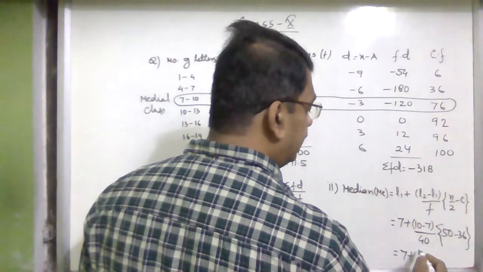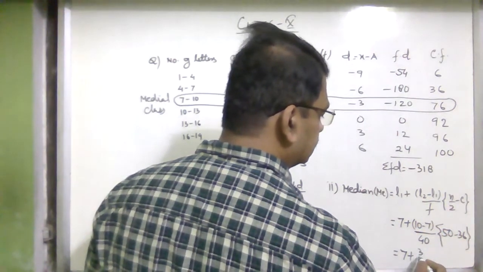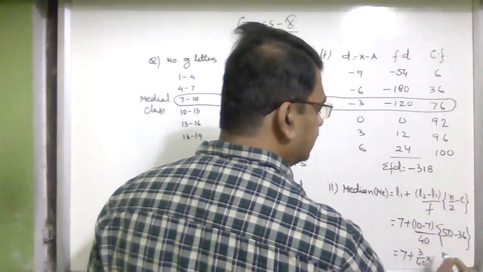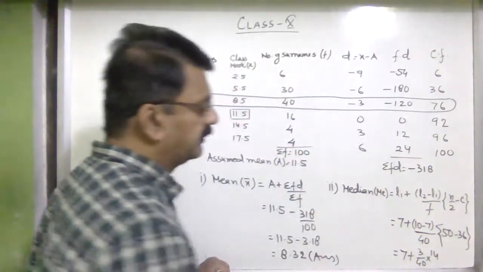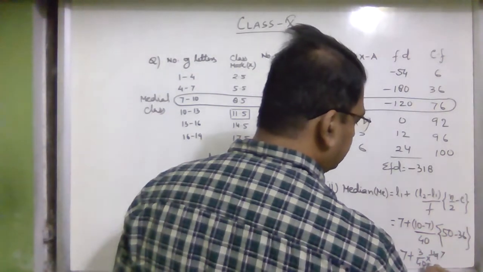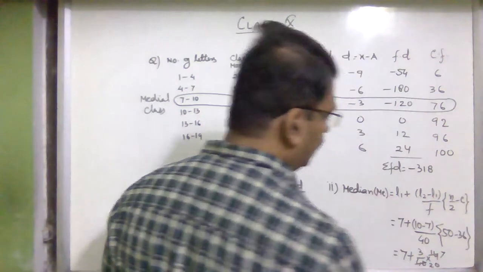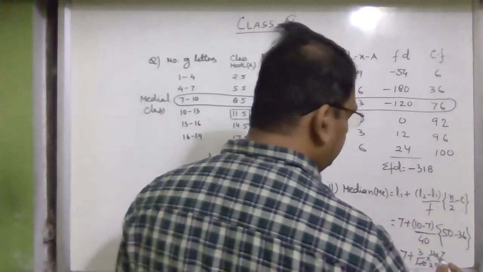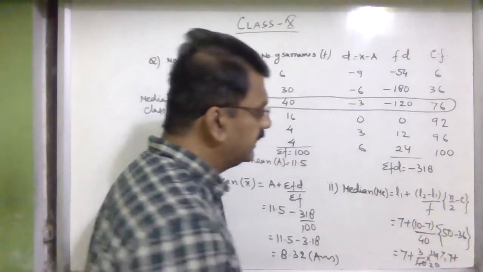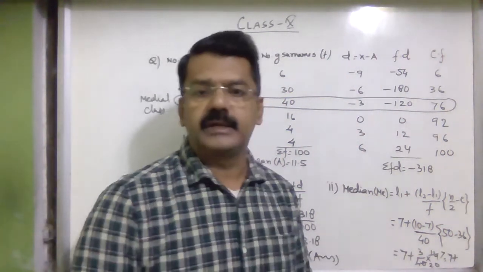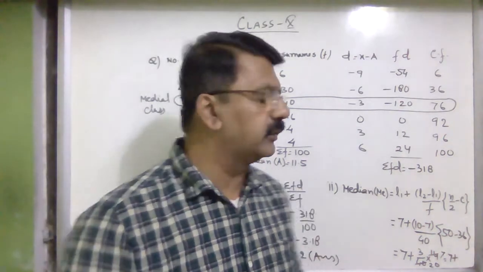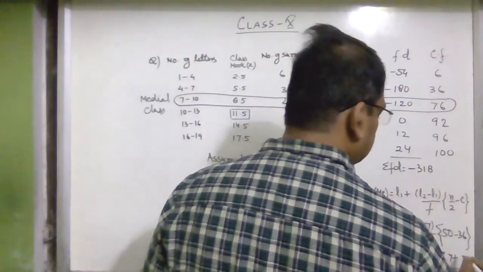Now it is 7 plus 10 minus 7, which is 3, upon 40 into 50 minus 36, which is 14. So you cancel it by 2. Now 7 plus 21 upon 20. 21 upon 20 is 1.05.